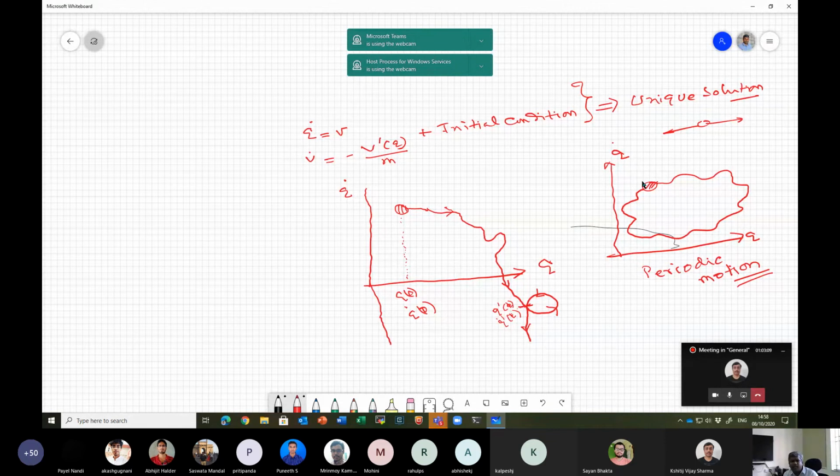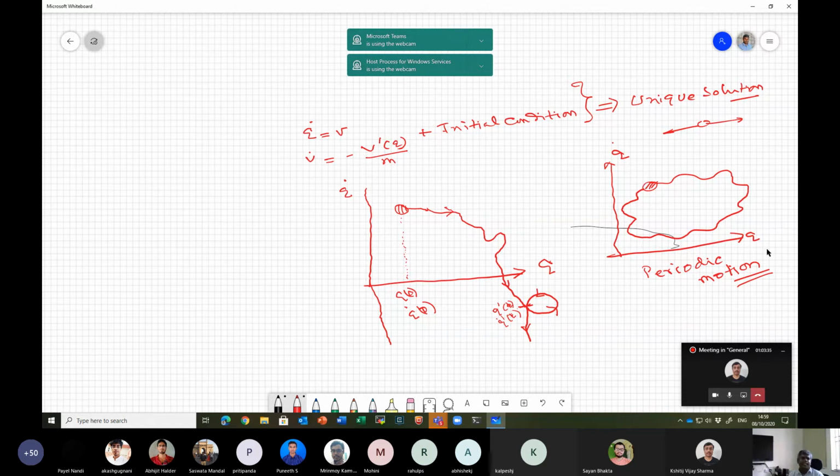If you start from one point and you know the initial condition, the particle is moving in that field, and after a certain time it can come back to its initial position. If this happens, then we call this a periodic motion. So this is basically the phase space idea that we need to understand.